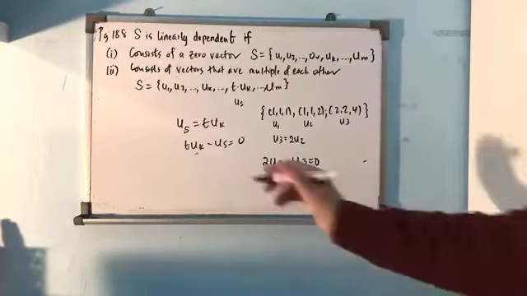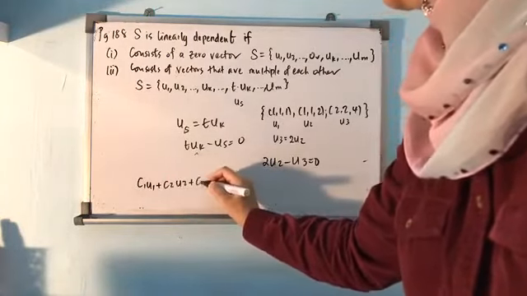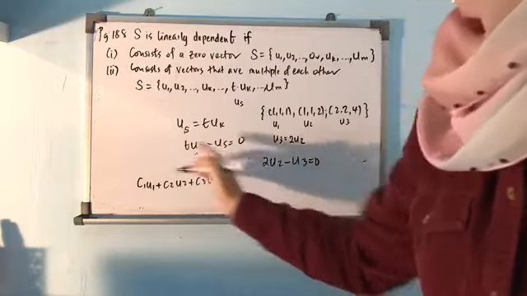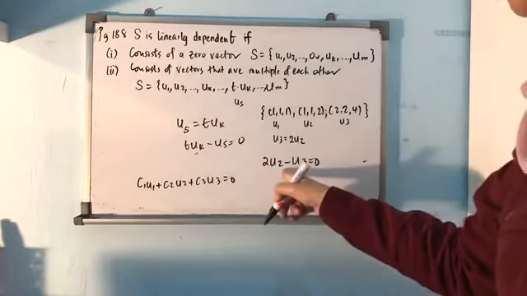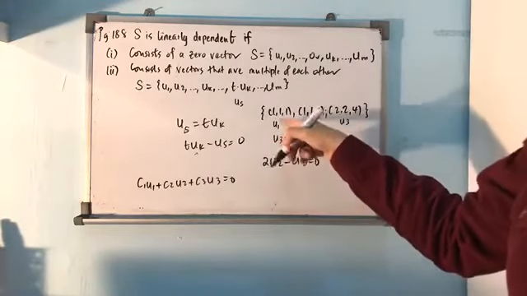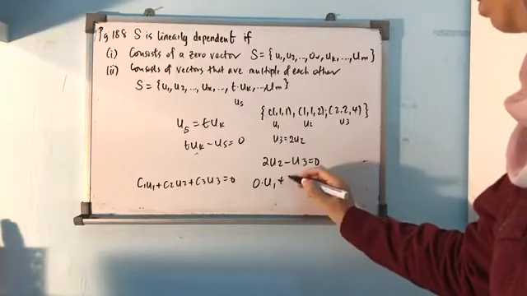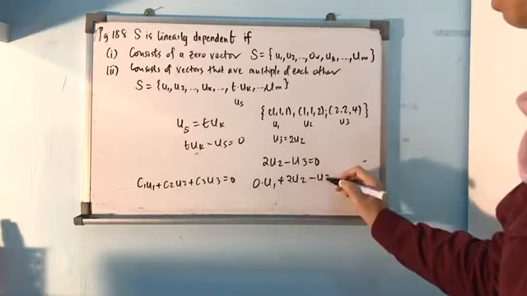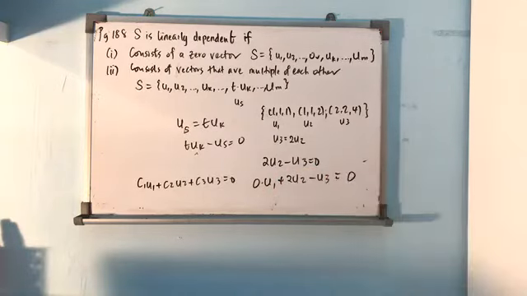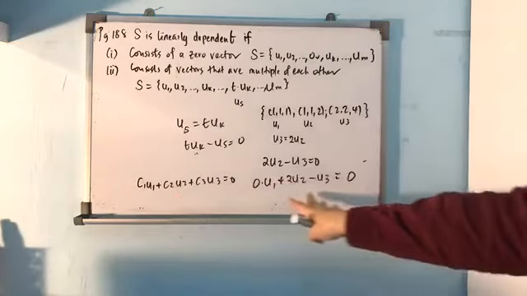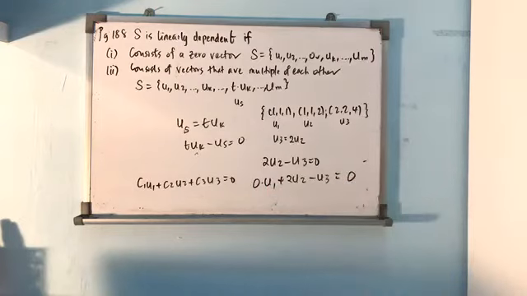And then you want to compare with C1 U1 plus C2 U2 plus C3 U3 equals 0. This is the definition of linear independence. U1 is missing, so U1 is irrelevant, you just multiply it by 0. Compare these two, you will see C1 is 0, C2 is 2, C3 is negative 1.